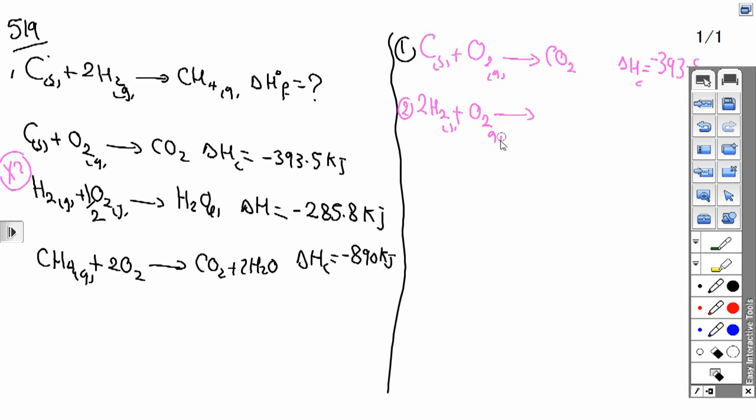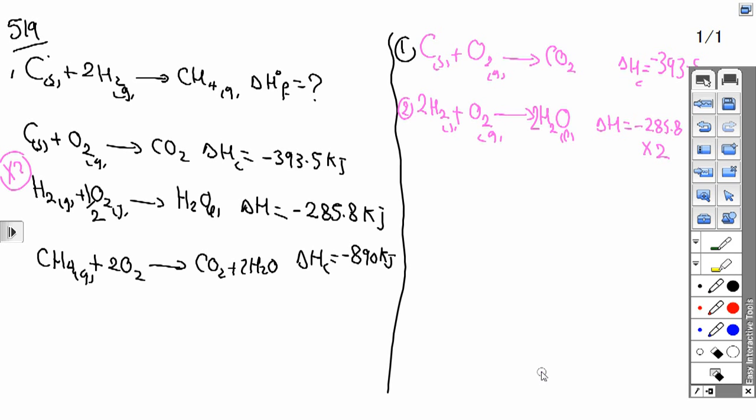So 2H2 plus O2 gas produce 2H2O liquid. Delta H equals negative 285.8 multiply 2. 2 multiply 1 equals 2. 2 multiply half equals 1.